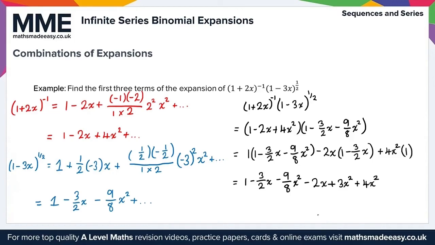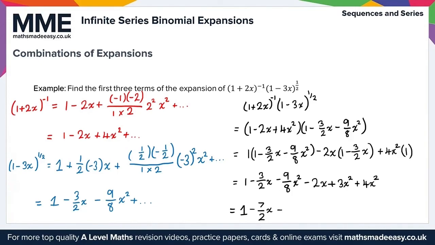Now to finish, all we need to do here now is collect like terms. So we've just got this 1 here at the front, and we can't do anything further with that, so we've just got a 1. Collecting my x terms together now, I get minus 7 over 2x. Okay, so minus 3 over 2x minus 2x gives us minus 7 over 2x there. And finally, dealing with the x squareds now, I've got minus 9 over 8x squared plus 3x squared plus 4x squared.